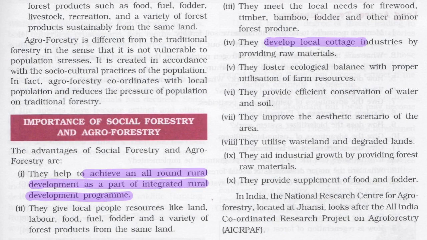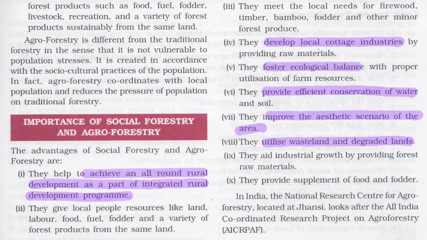They develop local cottage industries by providing raw materials. They foster ecological balance with proper utilization of farm resources. They provide efficient conservation of water and soil. They improve the aesthetic scenario of that area. They utilize wasteland and degraded lands. They aid industrial growth by providing forest raw materials. They provide a supplement of food and fodder.